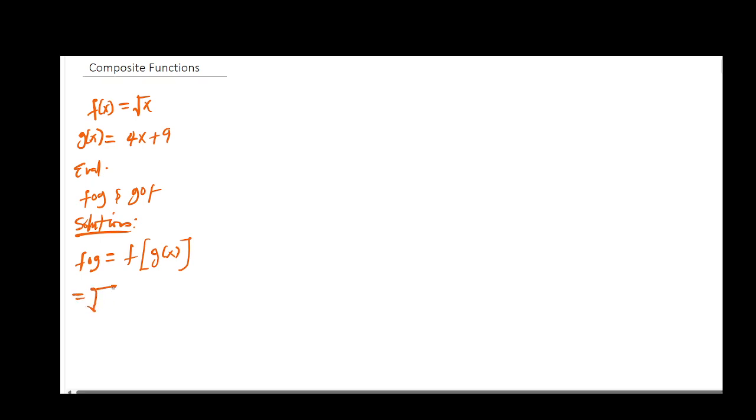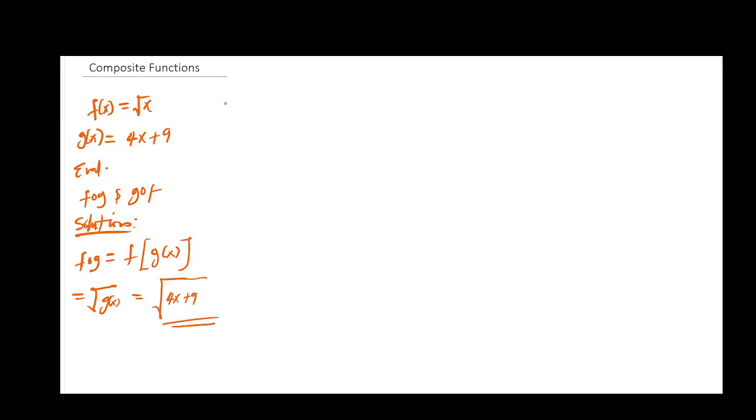So instead of having x now, it's going to be g of x, you remember, which will give us the square root of our g of x, which is 4x plus 9. This becomes our final answer.